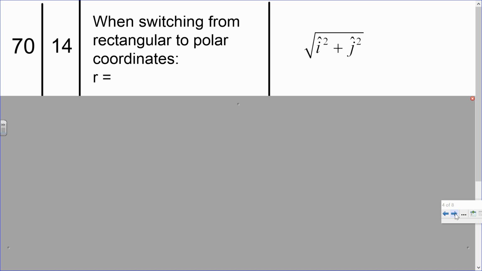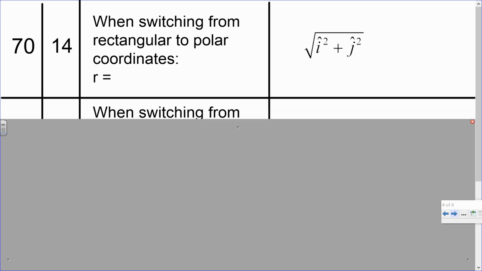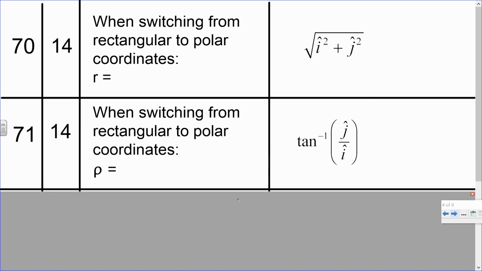So if we are switching from rectangular to polar, both of these mean we know the rectangular. That means we know i hat and j hat. If we want to get how long the vector is, it is the square root of i hat squared plus j hat squared.